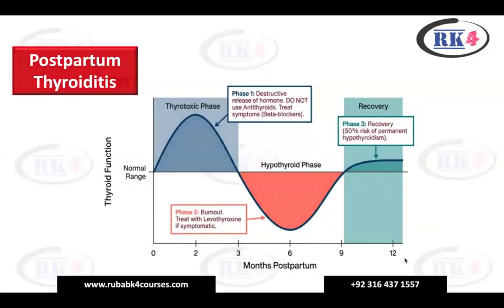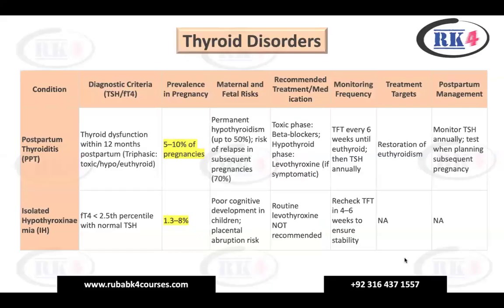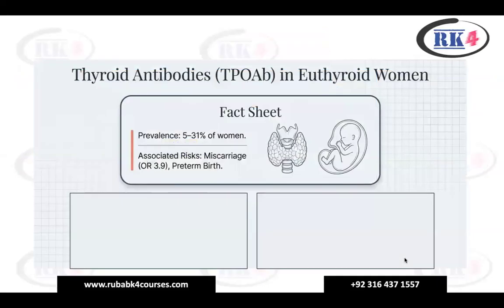These two thyroid disorders, postpartum thyroiditis and isolated hypothyroxinemia, I have not gone into detail, but here is a one-slide summary of what is mentioned in the guideline and what is required for the exam.